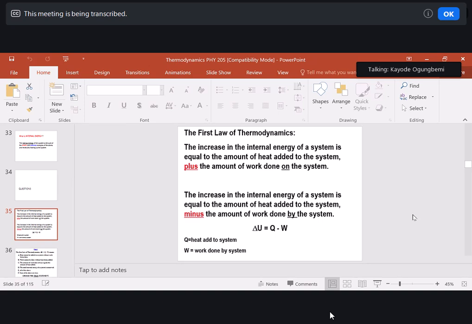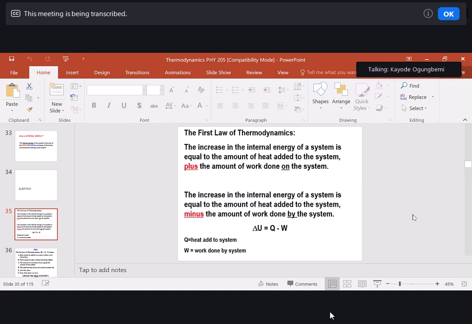So change in internal energy equals heat added minus work done by the system. And you can write it out in this form and define your terminology. State the first law of thermodynamics. You can write out this equation and explain each term.